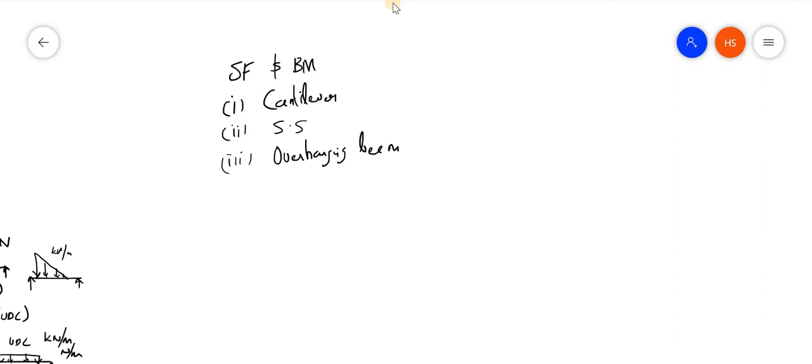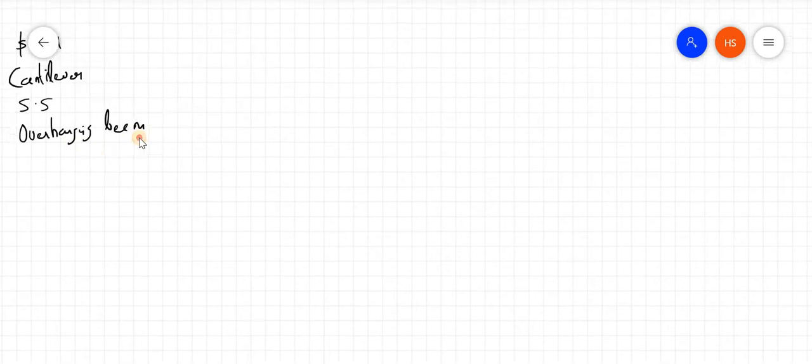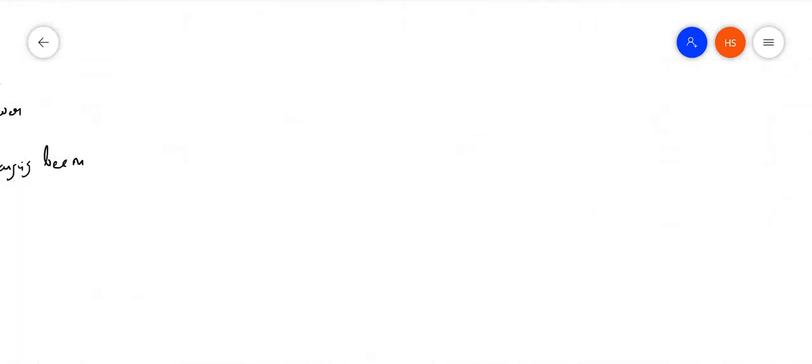Okay. Now let us look into how I can find out the shear force and bending moment in a cantilever beam. So now we will be studying the cantilever beam.